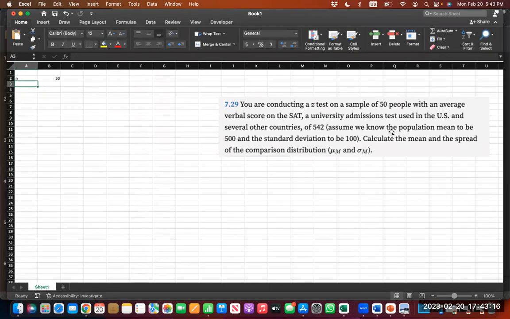A university admission test in the US, we know the SAT, we have a population mean mu of 500.